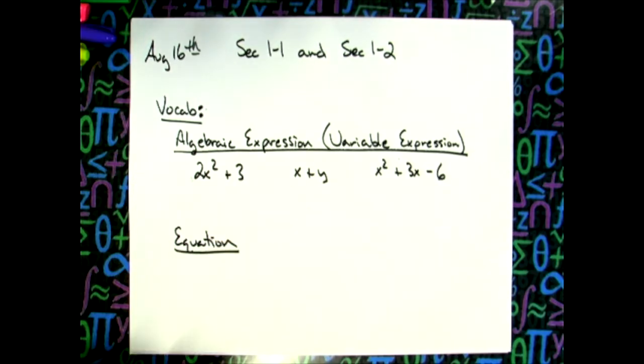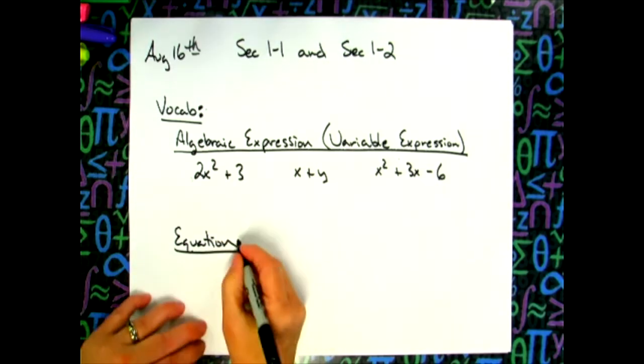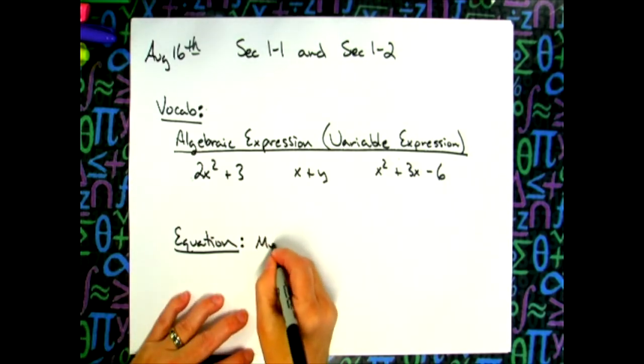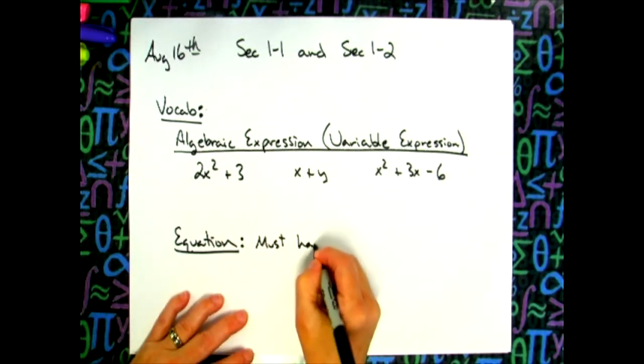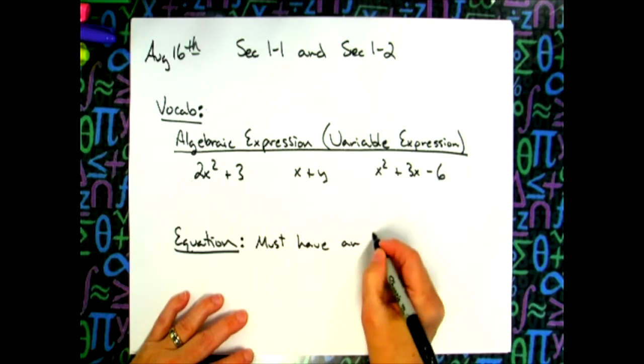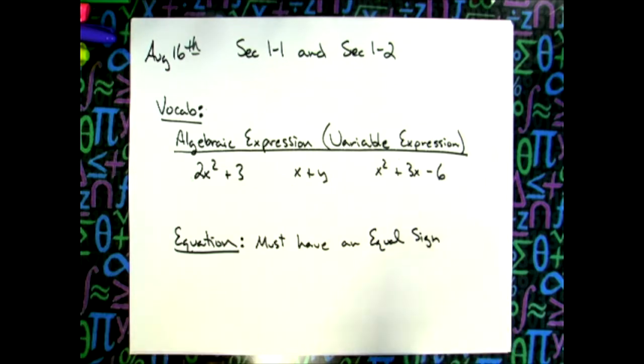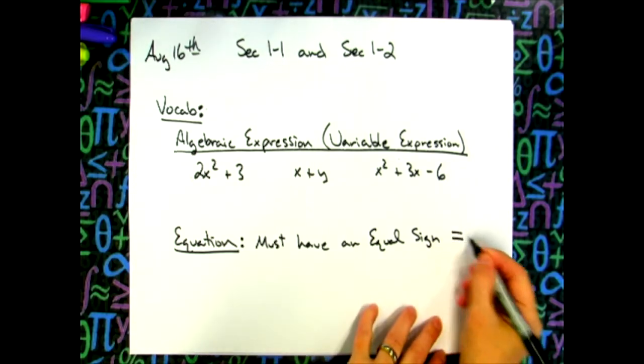So an equation, and I am going to write a little bit here, must have an equal sign. An equation must have an equal sign. So we all know what the equal sign looks like. Looks like that.